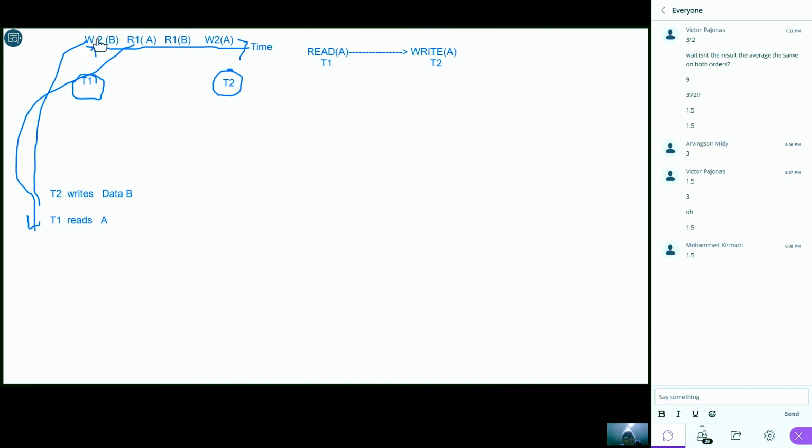Let's look at this. This is transaction 2. Is there any other transaction doing something to it, either reading or writing? Just look over here. This is transaction 2 writing B. It will interfere with something. Which transaction is doing that?